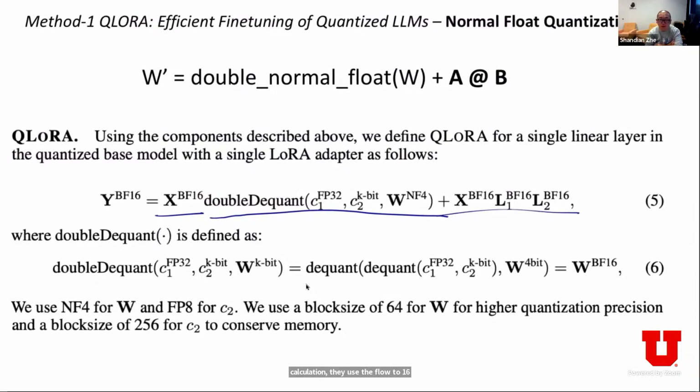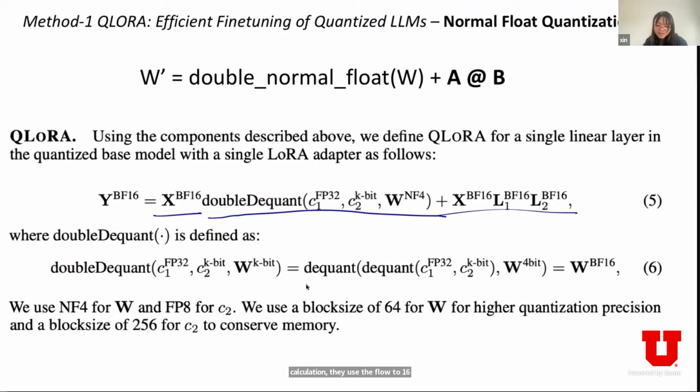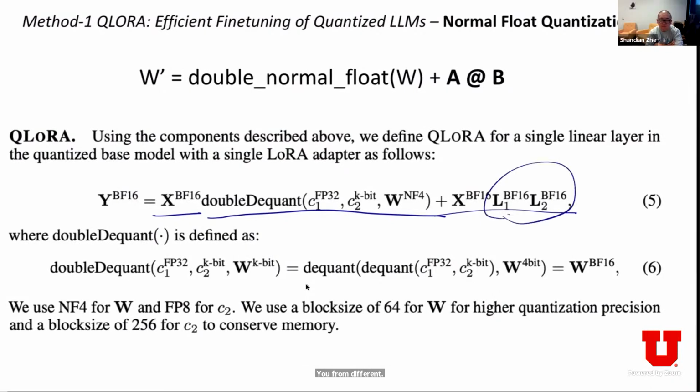What do L1, L2 mean? That's the A and B. Yeah, I just use different annotation. This is how they compute each layer, and then they do the back propagation. Okay, so L1 and L2 are trainable, and the others are fixed. And L1, L2 are always float 16. You back propagate the gradient and just update them. Yes. Okay.